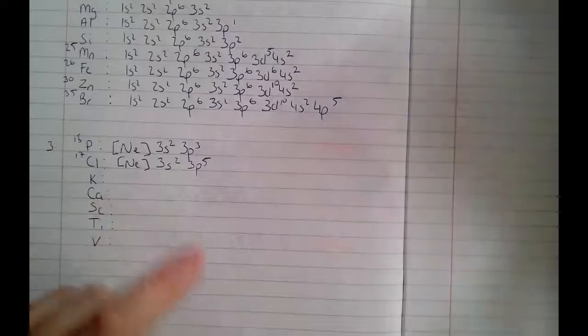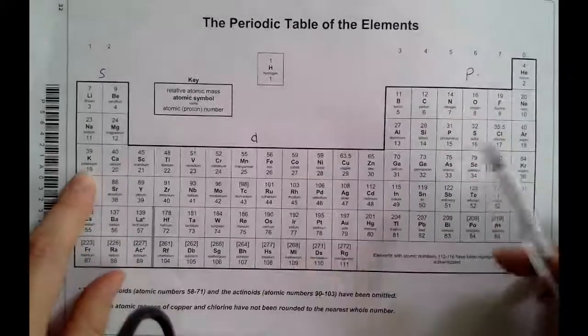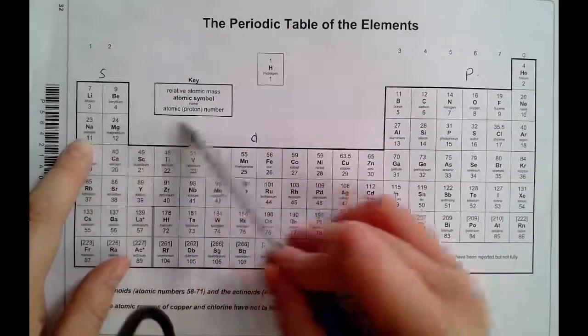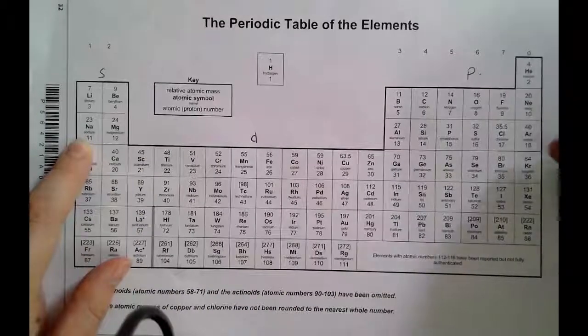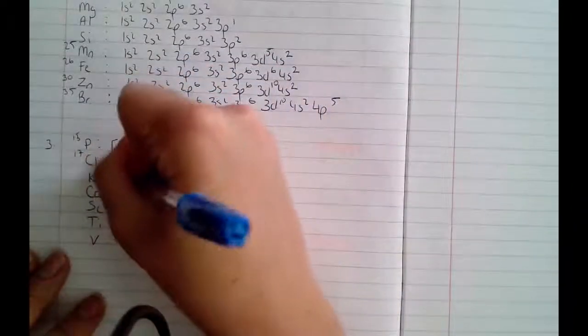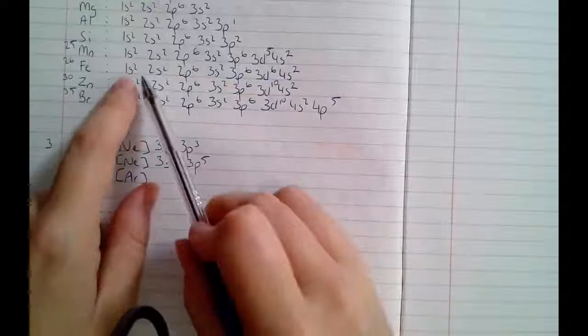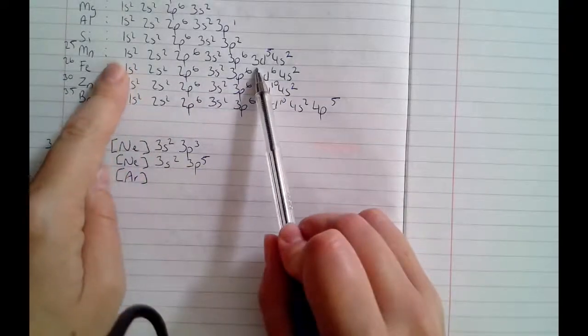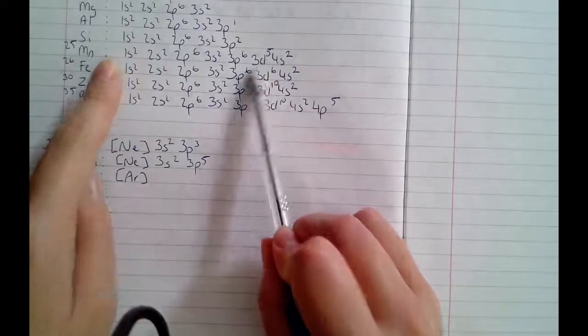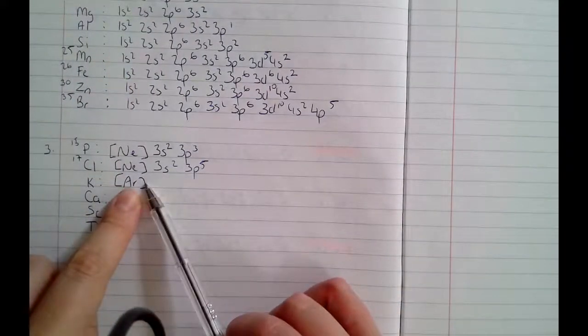With potassium, potassium is down here in period 4, so I'm going to period 3, and the noble gas in period 3 is argon, and argon accounts for the first 18 electrons, so I put argon in square brackets. So again, instead of writing out the 1s2, the 2s2, the 2p6, all of this, as far as 3p6, the first 18 electrons, I can just put argon in square brackets.